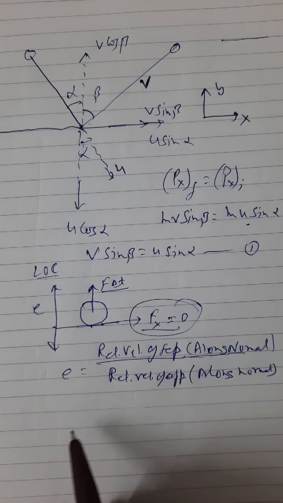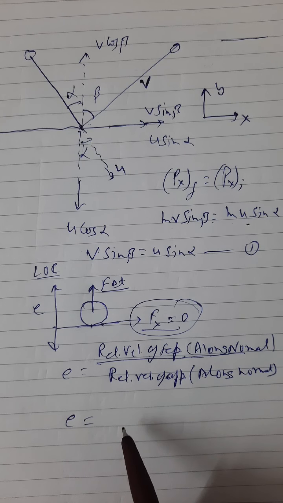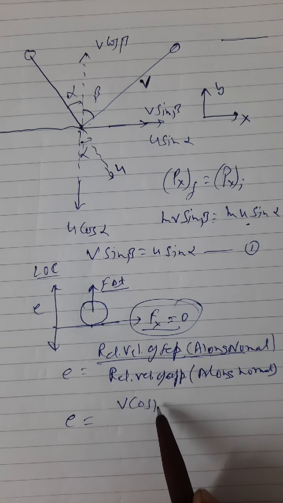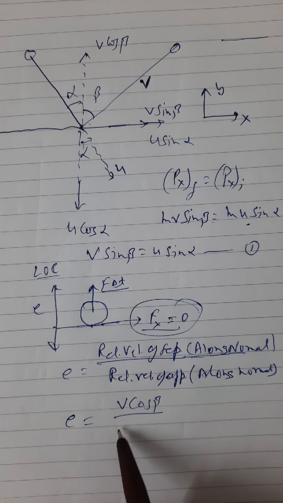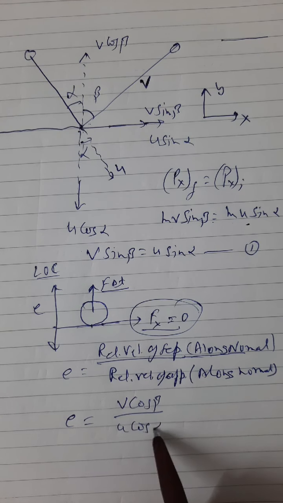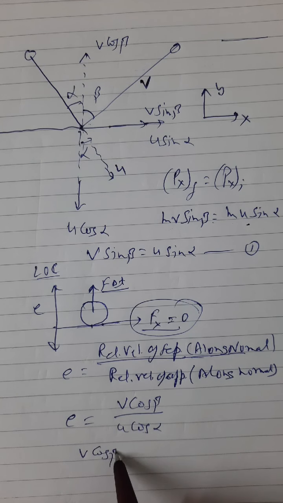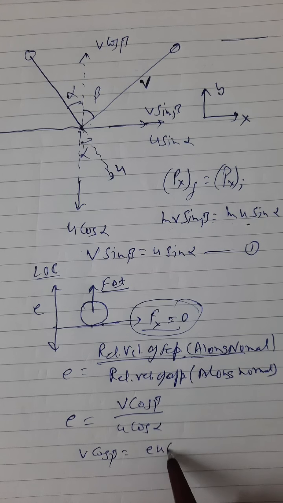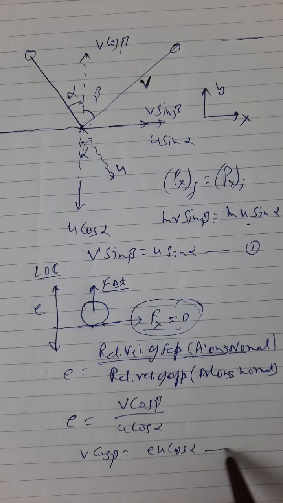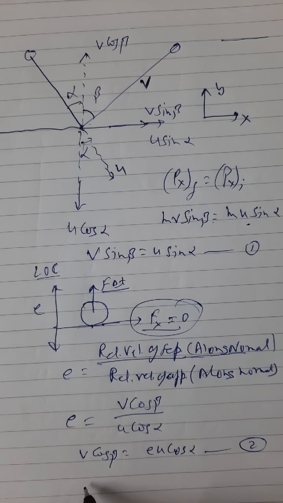Got it? So this definition of E becomes relative velocity of separation v cos beta upon u cos alpha. Then v cos beta is equal to E u cos alpha. Second equation. First was v sin beta equals u sin alpha.